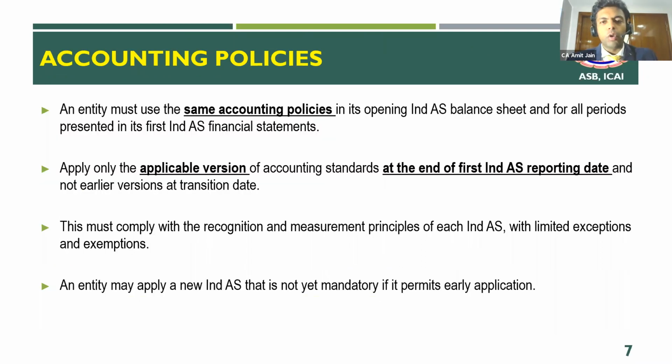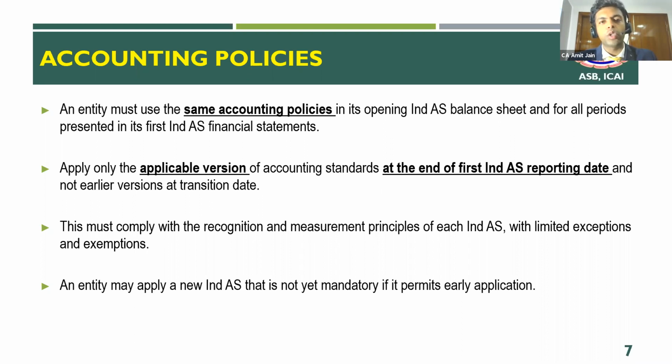Next is accounting policies. When a company is preparing its financial statements for the 3 years, 1st April 2018, 31st March 2019, and 31st March 2020, the company has to ensure that the accounting policies are consistent in all the 3 years.